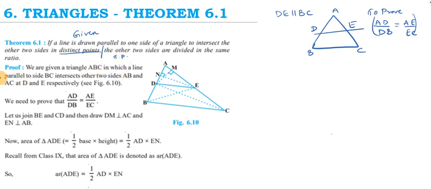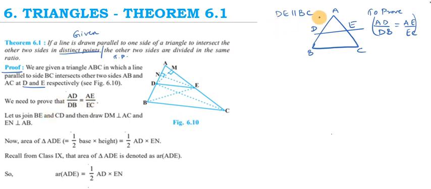Now with no delay we'll get into the proof of the theorem. In the proof, first we are explaining that we are given a triangle ABC in which a line parallel to BC intersects AB and AC at D and E respectively. We need to prove this.